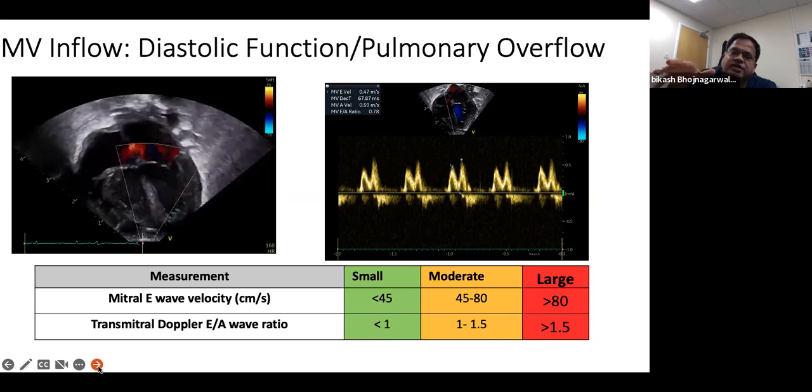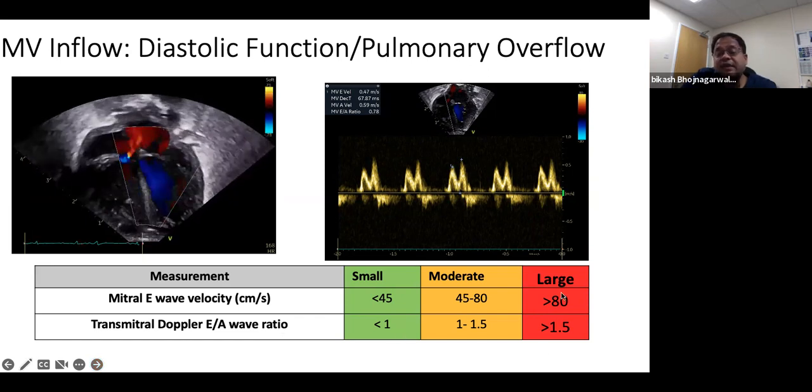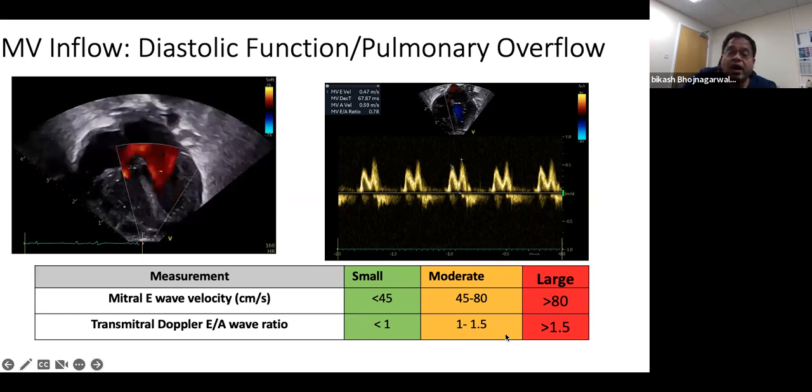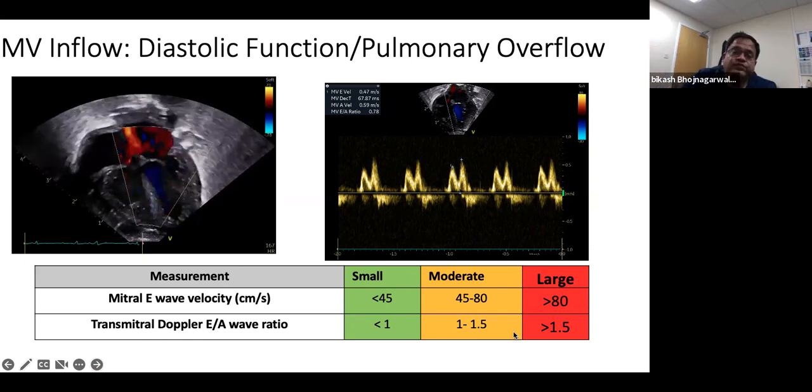But that normalization is because of overflow rather than anything else. The E/A velocity starts mimicking that of an adult or a term baby, so your E/A velocity starts becoming more than 1. That even signifies that there is a large volume flow.